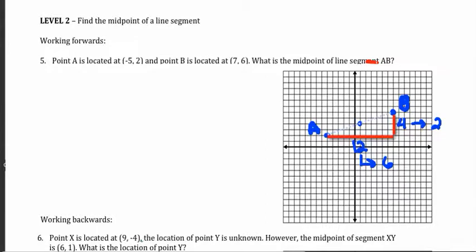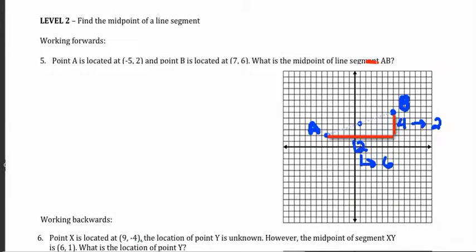And that's the first method, is you can use a graphing. Now the second method uses the same idea. We're finding the halfway point between the two x coordinates and the halfway point between the two y coordinates.